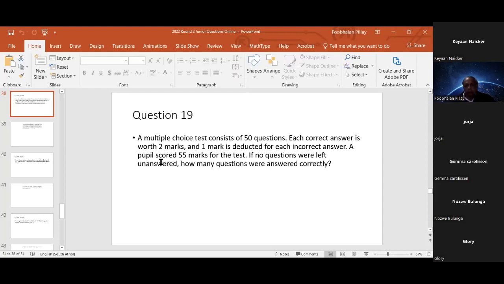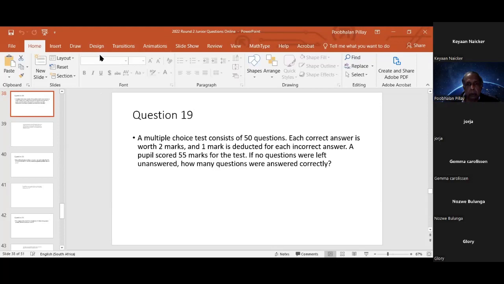A pupil scores 55 marks for the test, and no question was left unanswered. So this guy answered every question. He wasn't scared that some of them may be wrong and he's going to lose a mark, but he realizes that if he hits the right choice, he'll get 2 marks, and if it's the wrong one, he'll lose 1 mark. So it might be better to take a guess and go for it. Now the question is, how many questions were answered correctly?